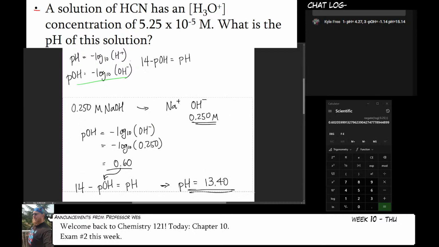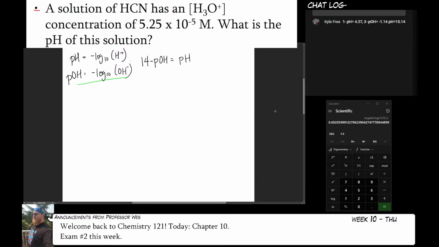I'm going to leave our formulas on the screen here. Let me make a new layer real quick. There we go.